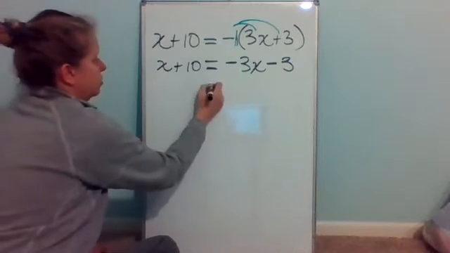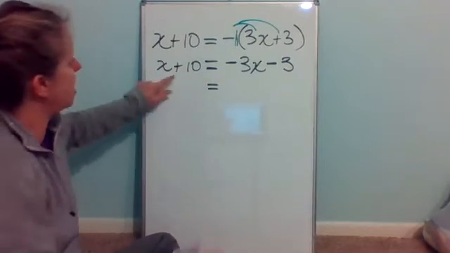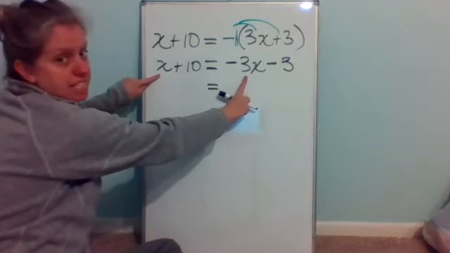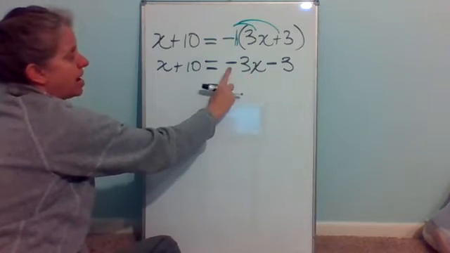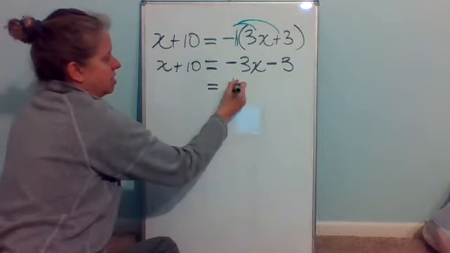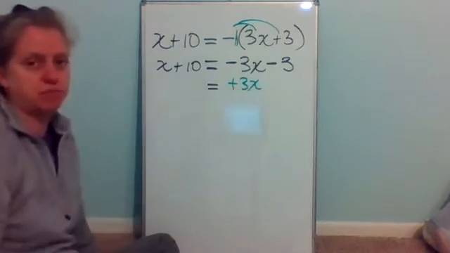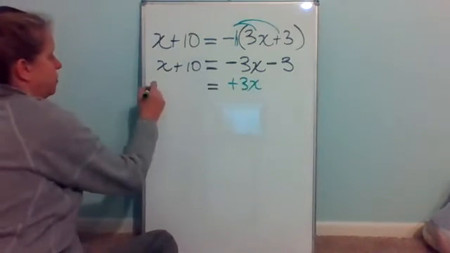So now, here's my equal. I'm looking at both sides. I notice I have x's on separate sides. So I'm going to cancel this one on the right out. Since it's a -3x, I'm going to cancel it out with a +3x. Since I did it here, I'll have to do it over here.